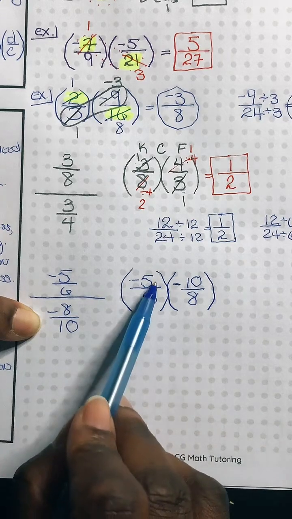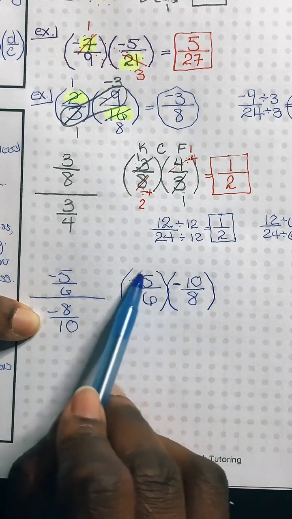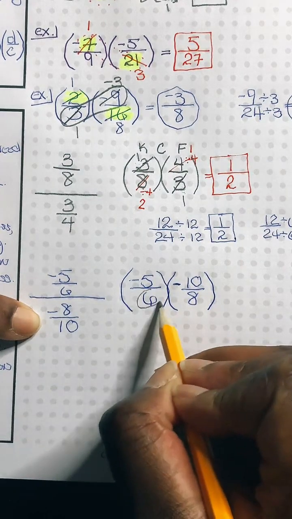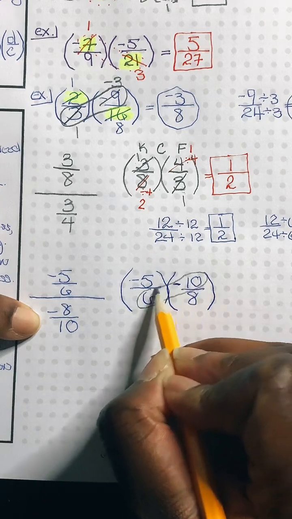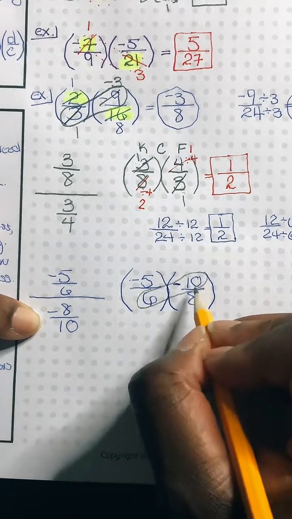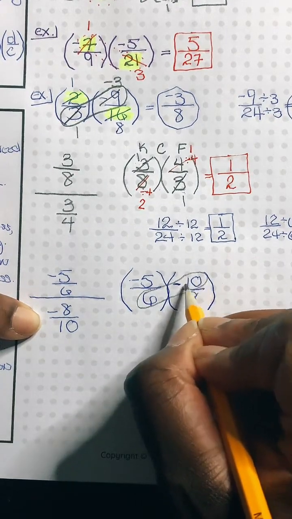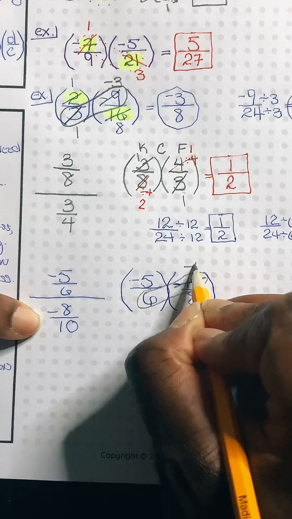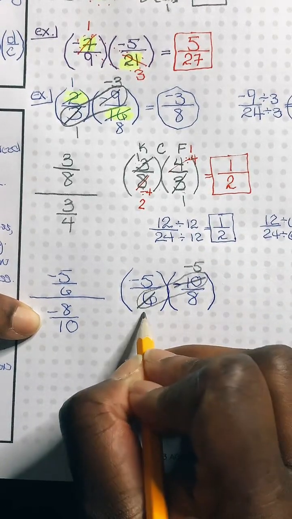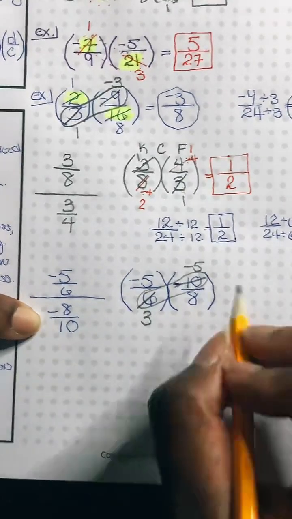With the 5 and the 8, the only thing they have in common is a 1, so that's not going to work. But the 6 and the negative 10 have 2 in common. If I take this 10 and divide by 2, I'm going to have a negative 5. Take this 6 and divide it by 2, I'm going to have a 3.